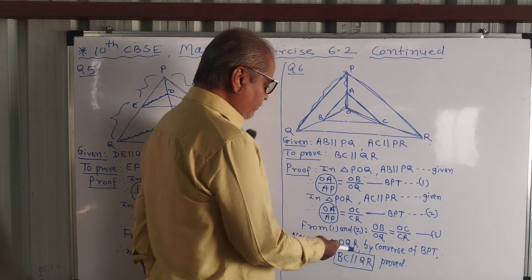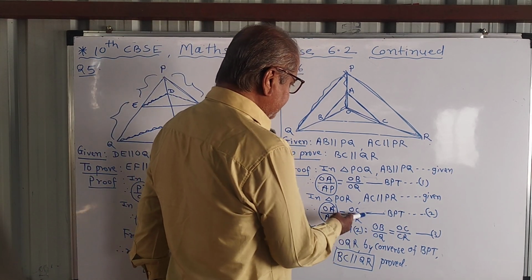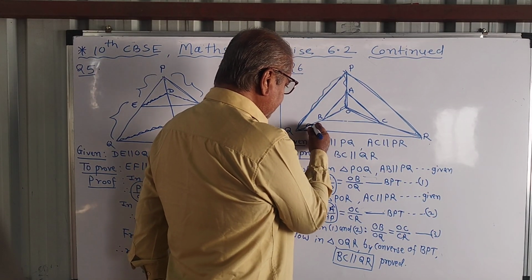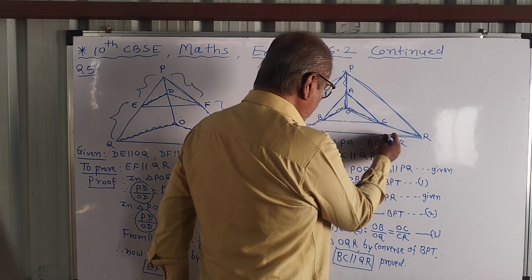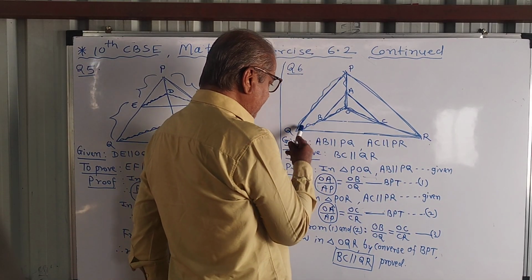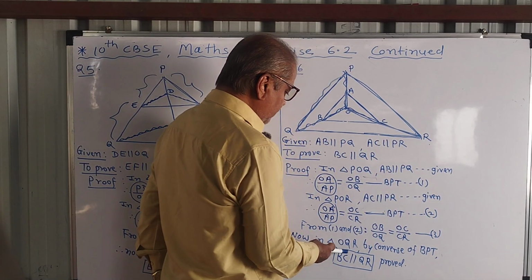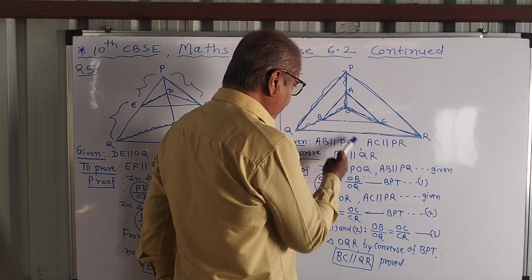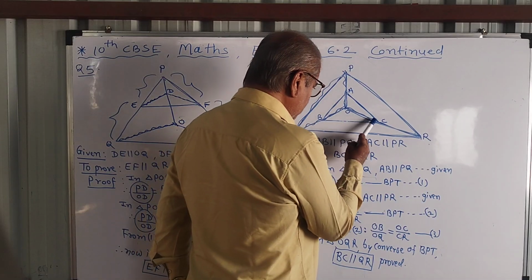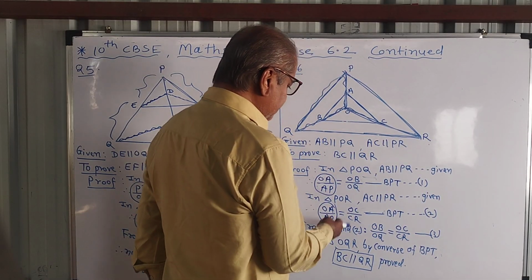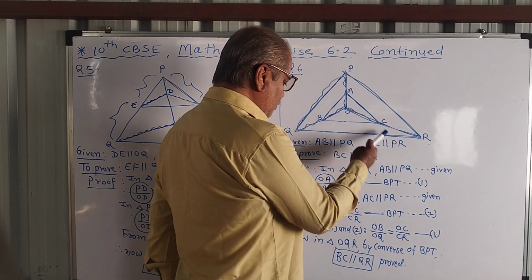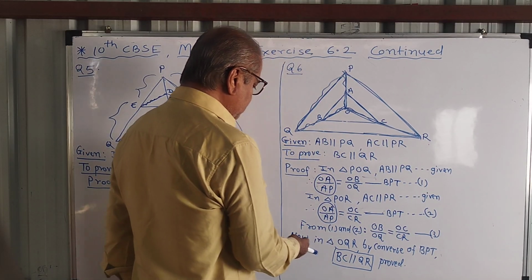Now see, where are these segments OB, BQ, OC, CR? They are in this triangle. Now consider triangle OQR. In triangle OQR, if you take this statement OB upon BQ is equal to OC upon CR, so two sides are in proportion, then the third side has to be parallel, that is BC, by the converse of BPT.